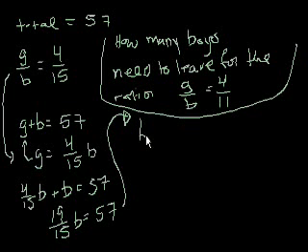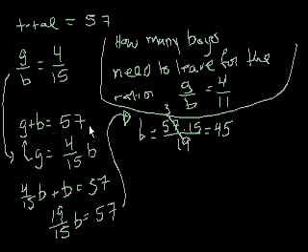And then we say b is equal to 57 times 15, all of that over 19. I just multiplied both sides by 15 over 19. So 57 divided by 19 is 3. So b is equal to 45.